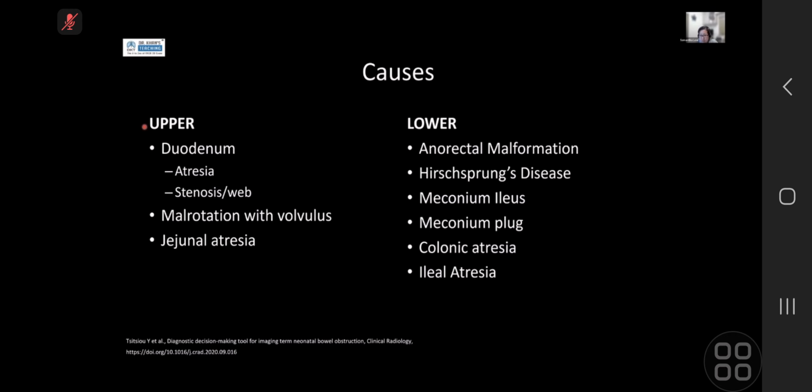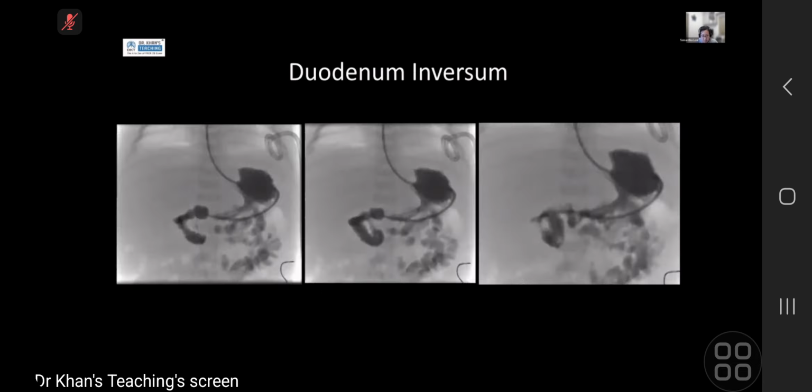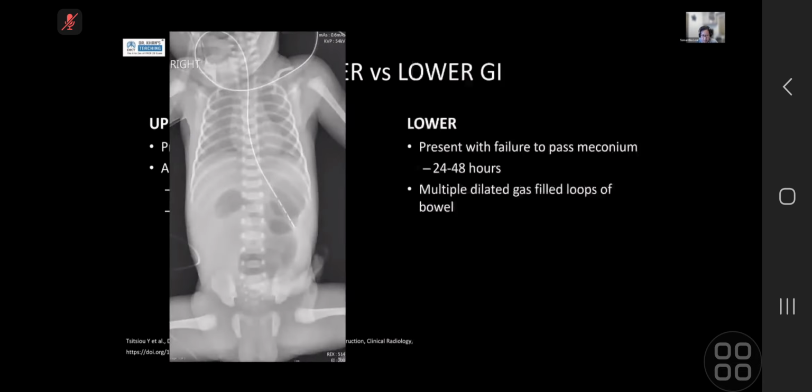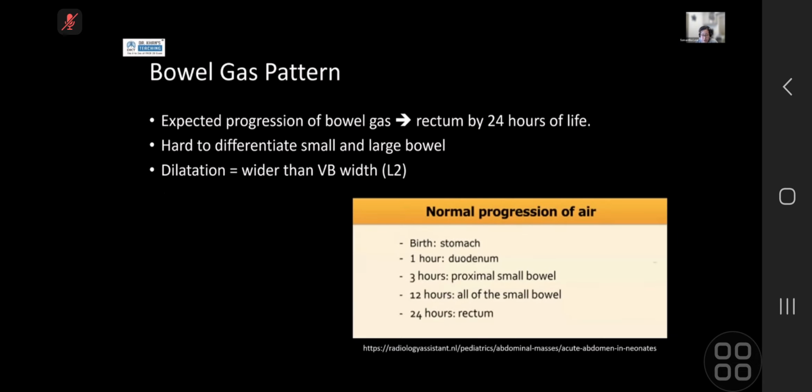Okay. So you're asking about the first two slides of the normal bowel gas pattern. That would be on the Radiology Assistant website, which I think everyone should be able to get to.